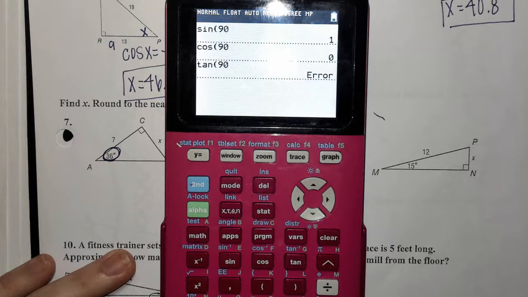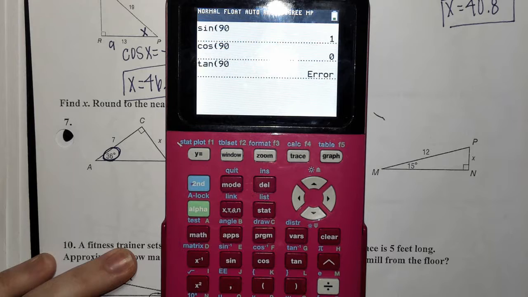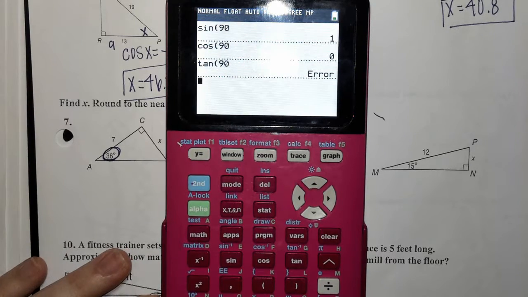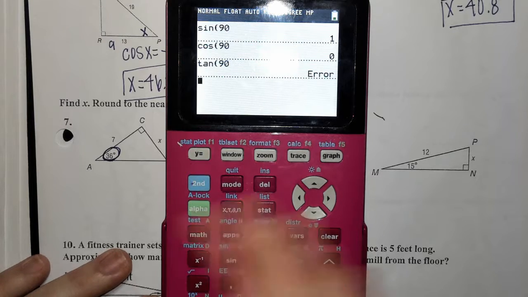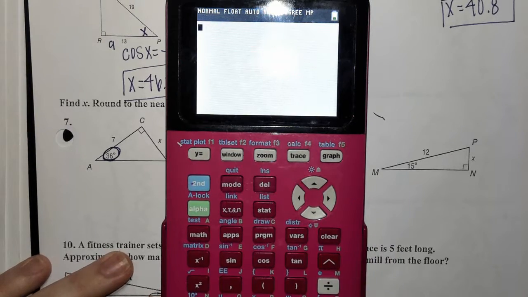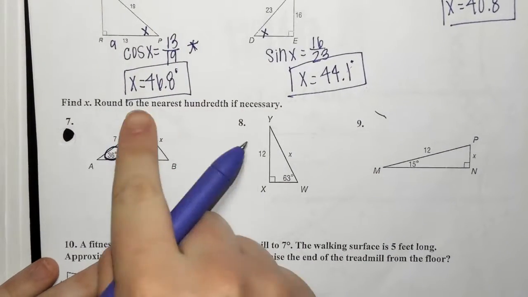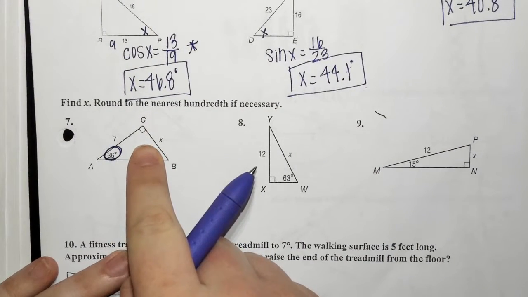Error. Cosine of 90, 0. Sine of 90, 1. Interesting. I'm going to let you think about that until you get to pre-calculus and let your pre-cal teacher explain why. It's above my pay grade. So always go off a different angle. Doesn't matter which one, just not the 90-degree one.